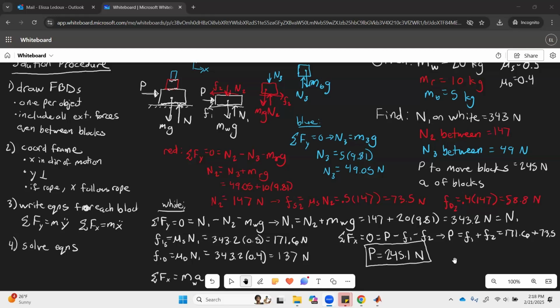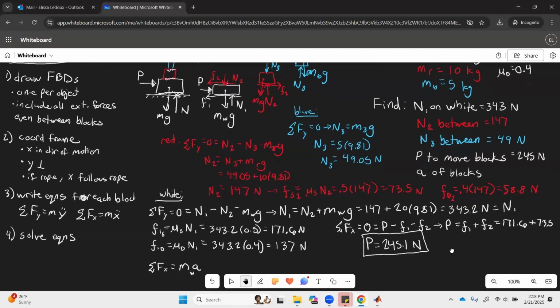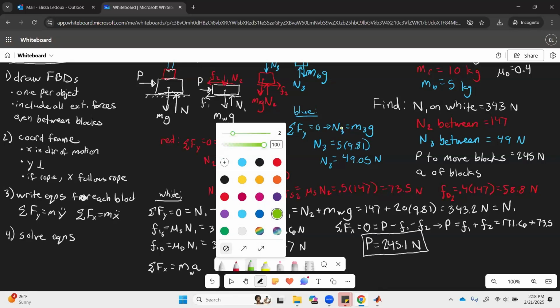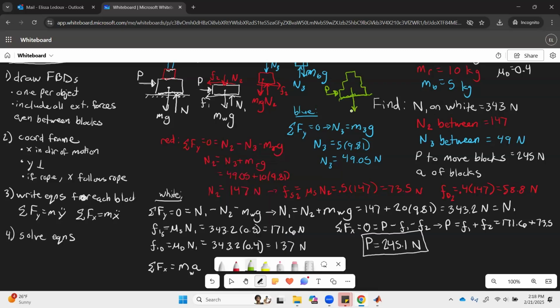And we could calculate the force to make these blocks move together. I'm going to make a different color here. So if we wanted all the blocks to move together, then we would treat it as something like this.